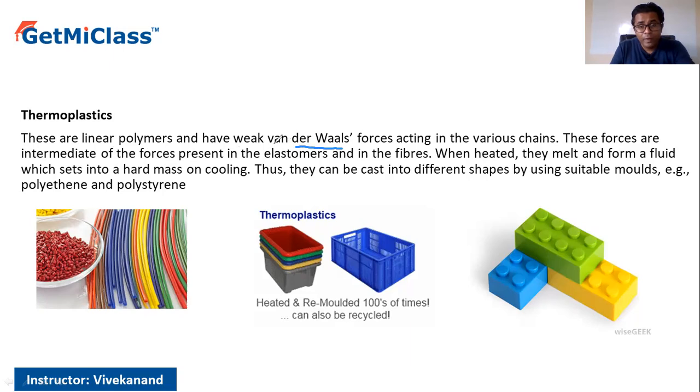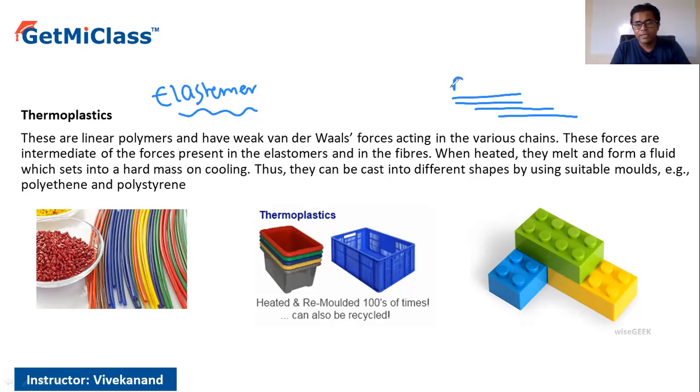That means when you compare the strength of the van der Waals forces acting in the chain and the forces present in the elastomers and the fibers. If I take elastomers here, and over here a fiber, the fibers are nothing more than a rope-like thing which you can weave into fabrics, correct?